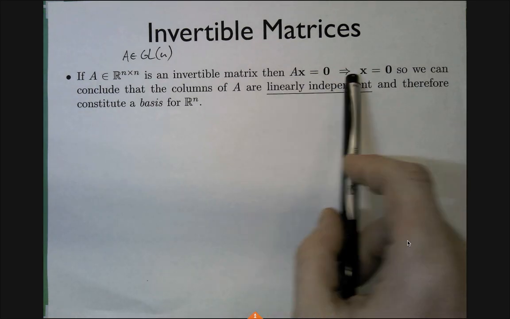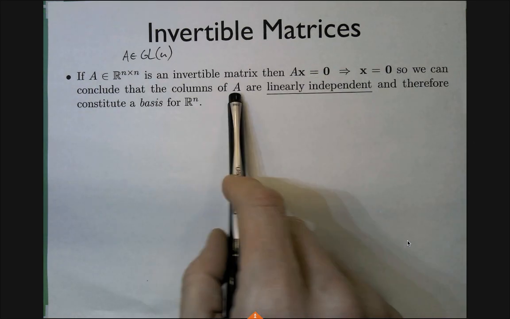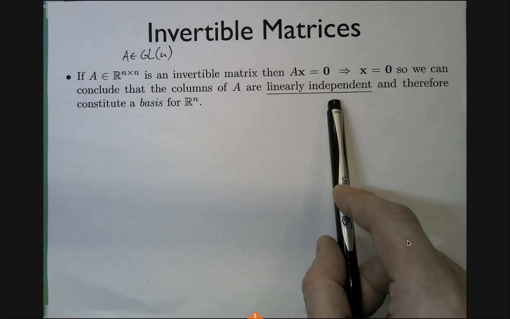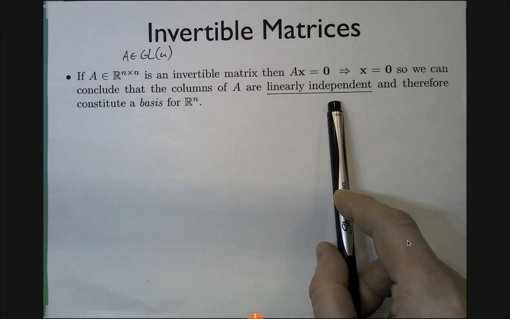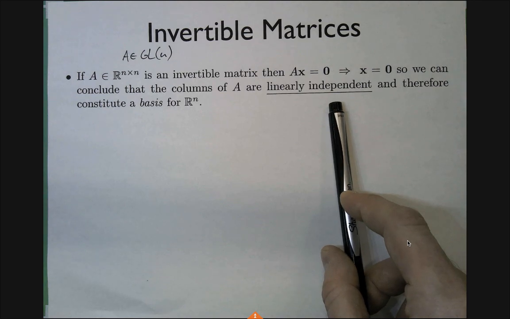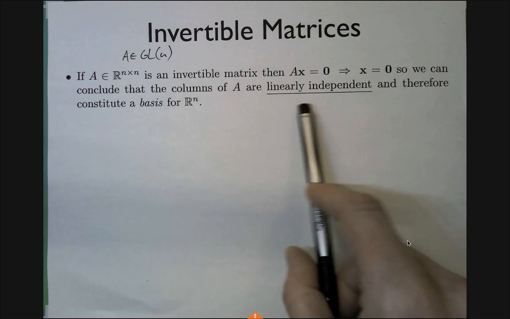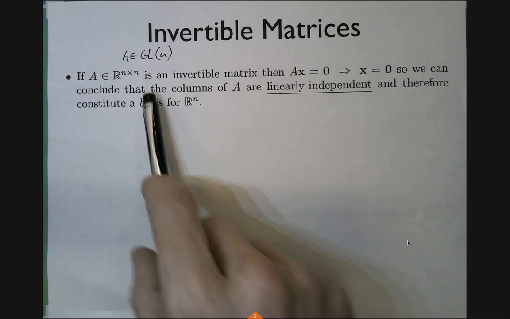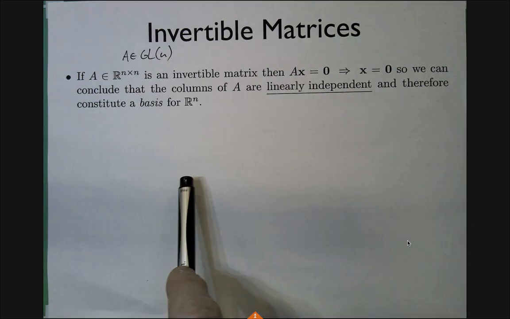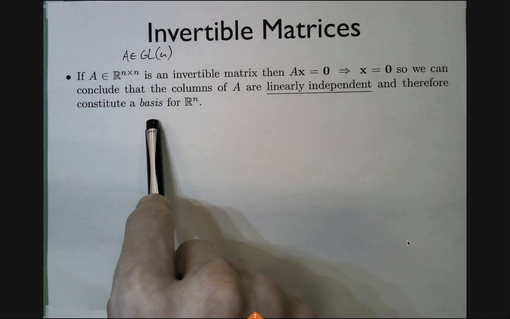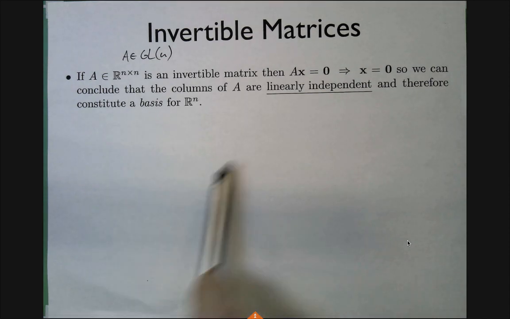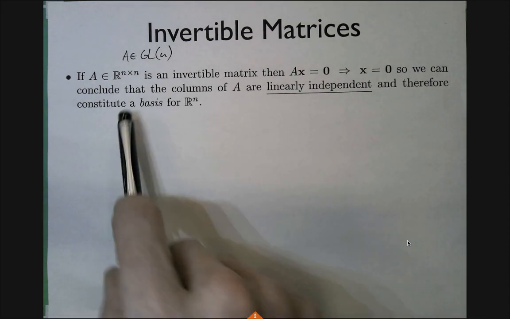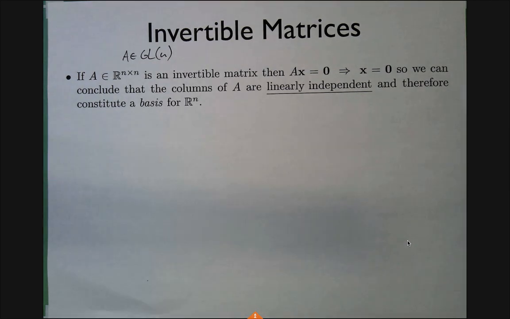Okay, and because this is true, it means that the columns of A are linearly independent. So yes, the column vectors of any invertible matrix constitute a basis because they are linearly independent and they generate the entire space.